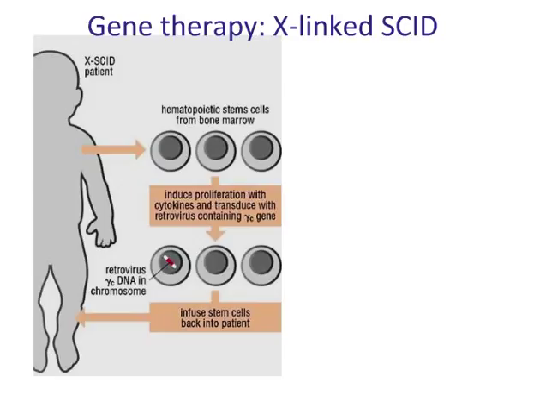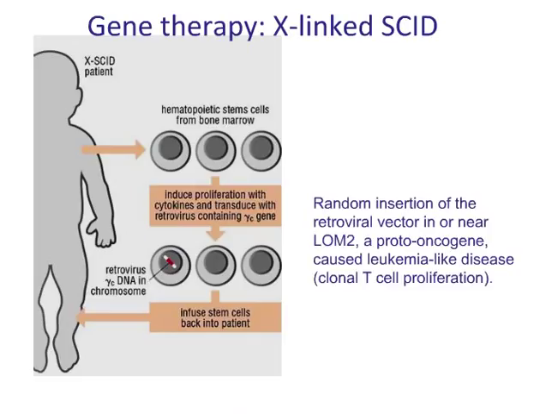However, in a few cases, the patients developed a leukemia-like condition with clonal T-cell proliferation due to a random insertion of the retroviral vector in or near a proto-oncogene called LMO2. This is an example of insertional mutagenesis.